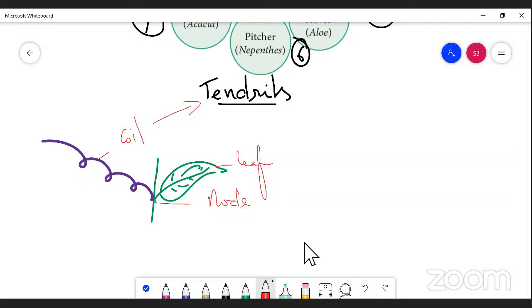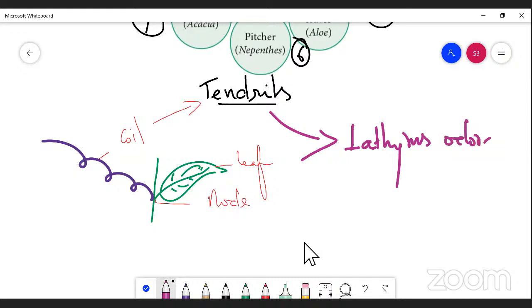Generally, tendrils are present in case of Lathyrus odoratus. Lathyrus odoratus is the binomial of sweet pea, right? In sweet pea, the entire leaf is modified into a coil structure.